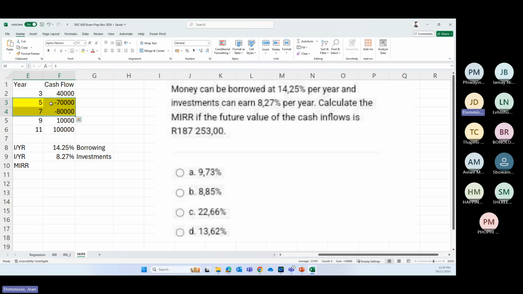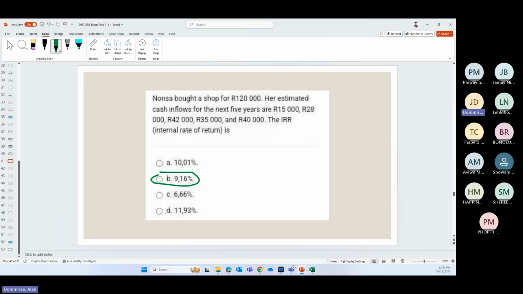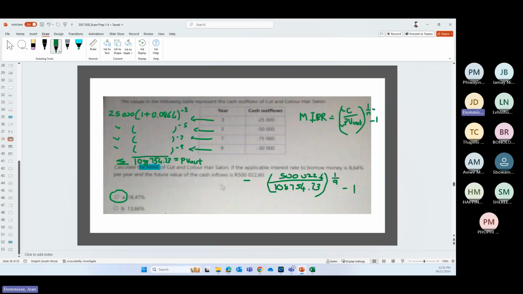So we would again have used the 70,000 times that interest, so 1 plus 14.25% to the power of -5. The same with the 80. We would not have needed to work out the positives because they told us what the positive is. So let me just quickly, and I hope I'm not confusing you guys with jumping in between, but we will work out the PV outflows.